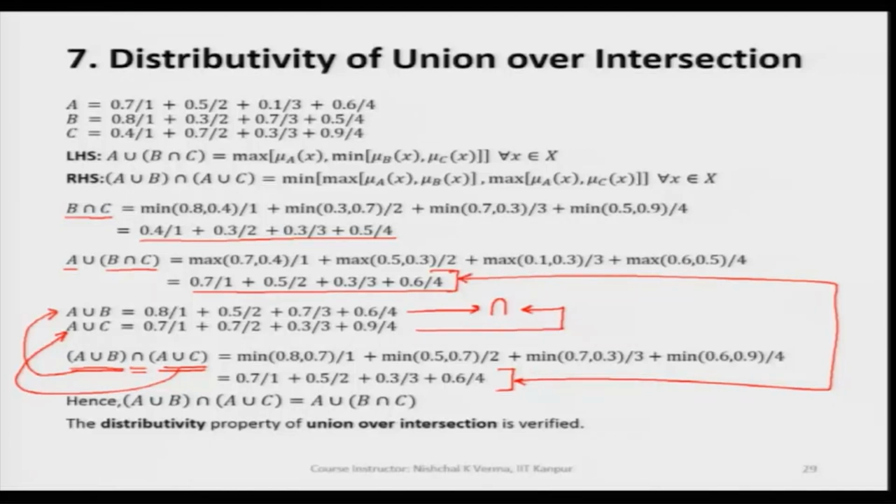So, it is clearly visible that for discrete fuzzy sets also the distributivity property of union over intersection is verified.